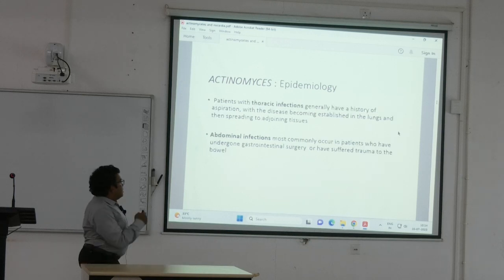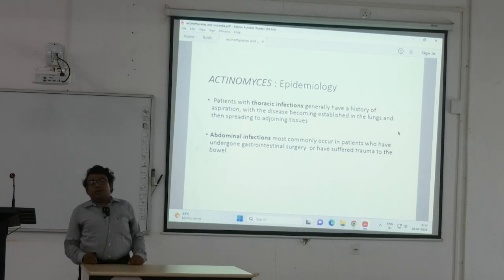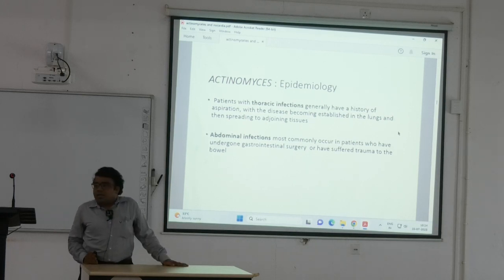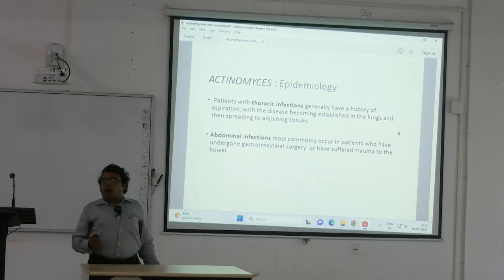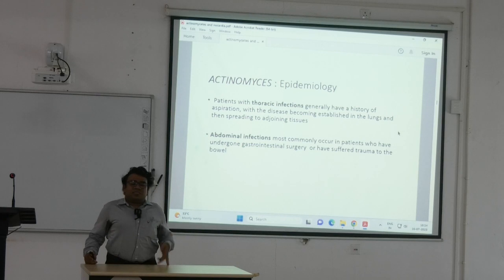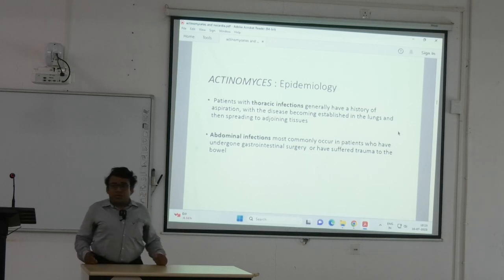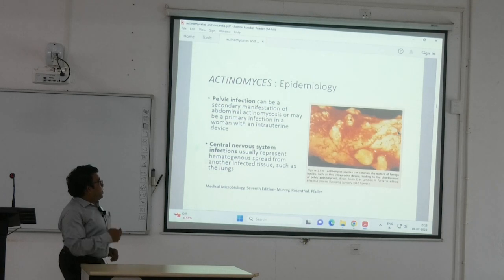Other than that, because they are present in the oral cavity, there is a chance of aspiration of this organism into the lower respiratory tract, thereby causing thoracic infections.